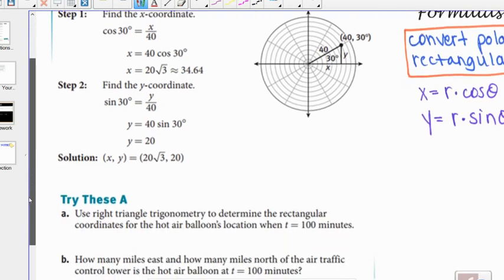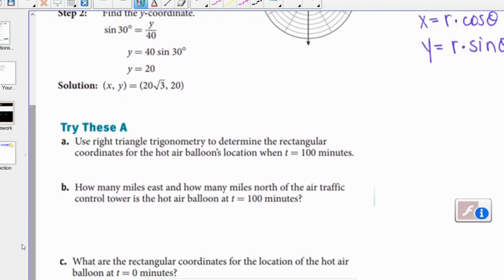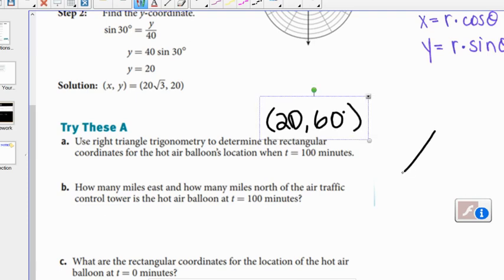Okay, so if we look at a couple of these to practice, for part A, we have a triangle, and there was a location with an r value of 20 comma 60 degrees. If we were to convert this, again think about right triangle trig: 60 degrees, radius of 20, x comma y, where would we be at?